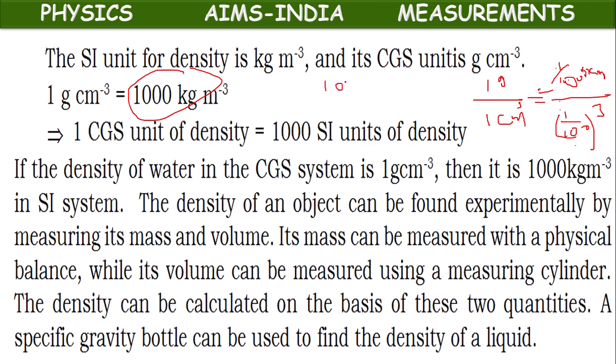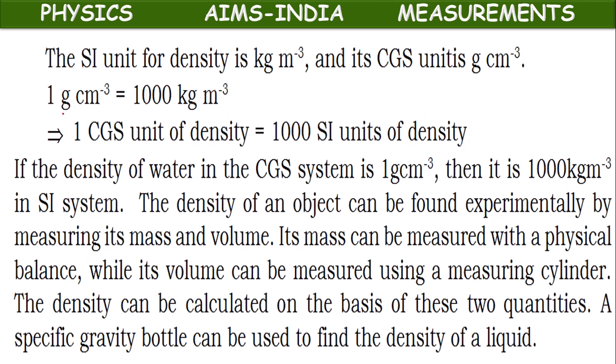So it becomes 10 power 6 by 10 cube, which gives 10 cube kg per meter cube. 10 cube equals 1000. In this way, 1 gram per centimeter cube equals 1000 kg per meter cube.